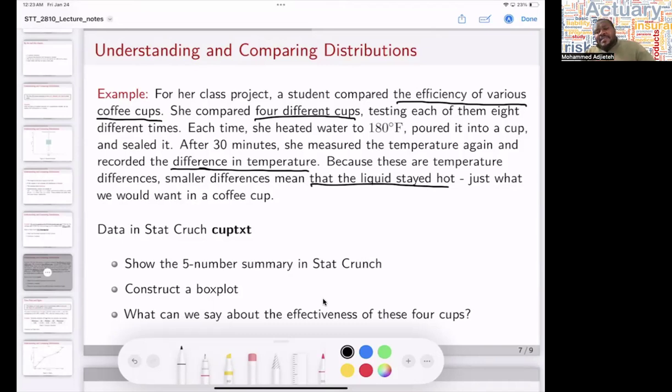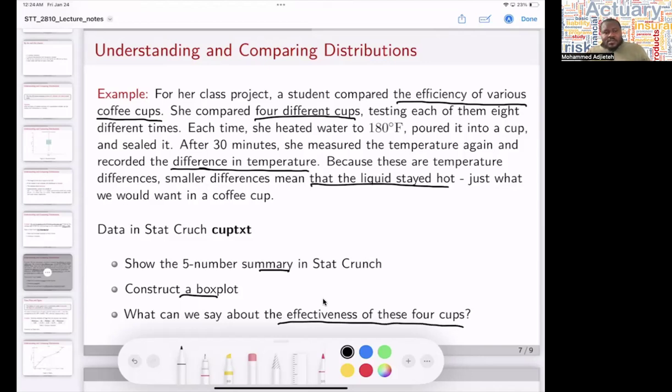So the key thing here is to be able to understand what we are doing. Now that we've understood this, she's comparing four different cups. So we are going to look at the data set and start crunching, and then show the 5-number summary, construct the box plots, and then also say what we can say about the effectiveness of these four cups.